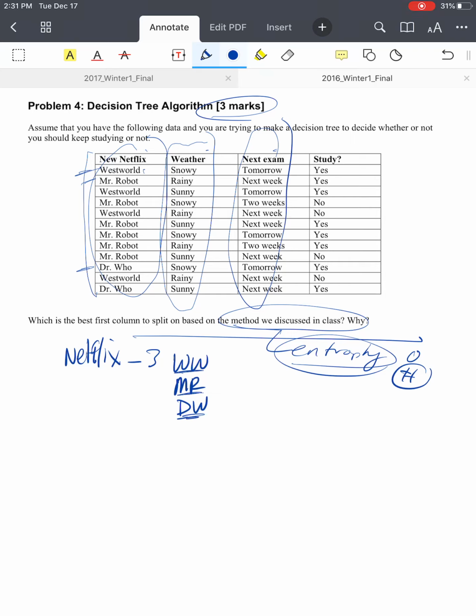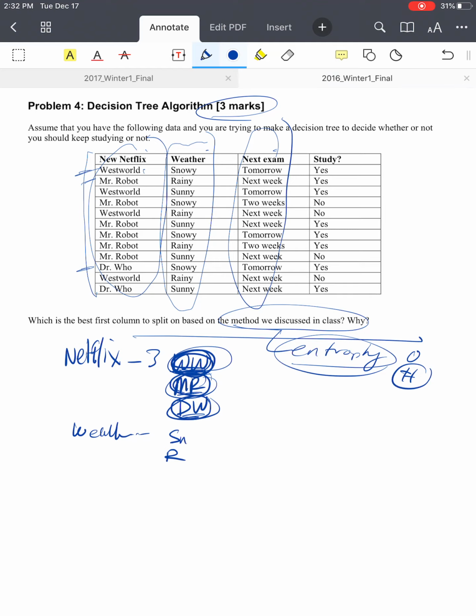I like to abbreviate my answers sometimes when I'm working things out, because it reduces the time you have to physically write, and you already know the name Westworld is not important. It's just what this particular factor represents. So it might save you a couple of minutes throughout the whole exam if you abbreviate things like this. So weather.